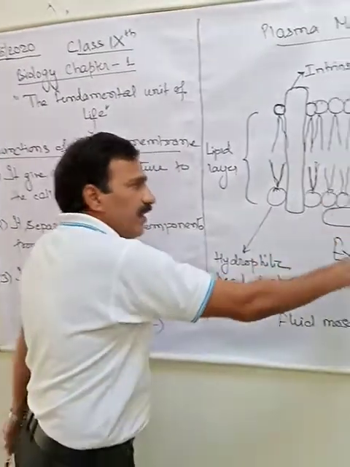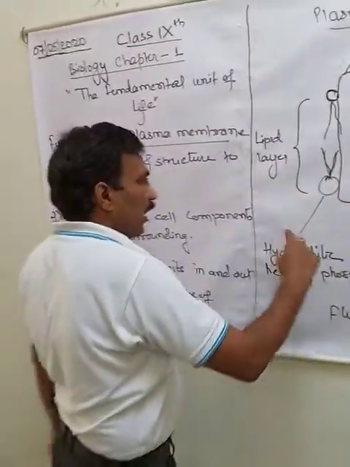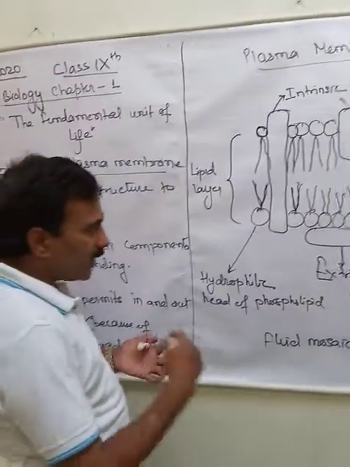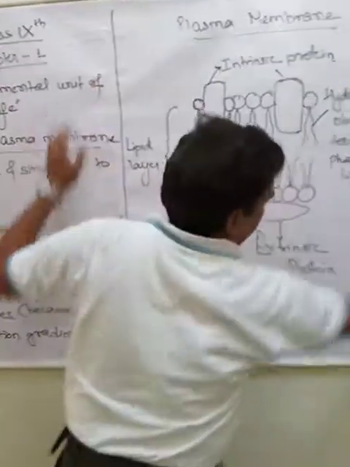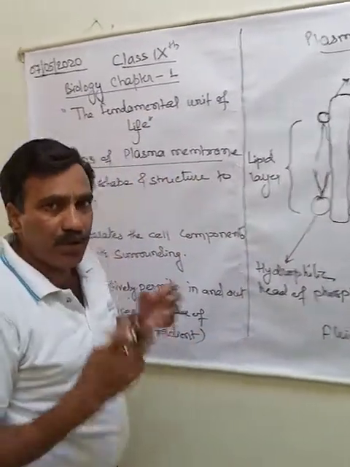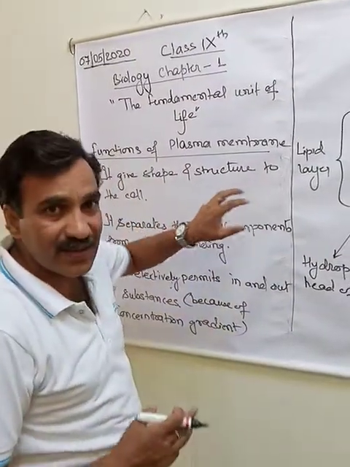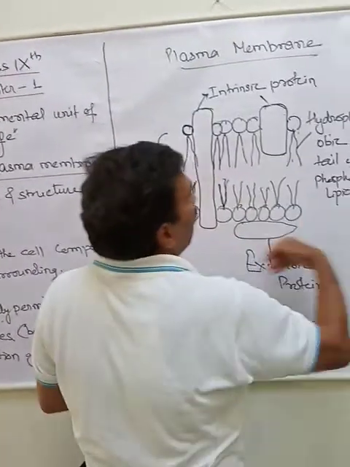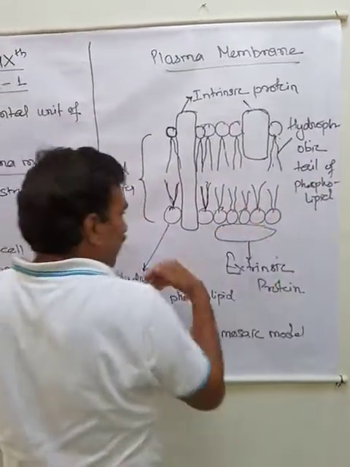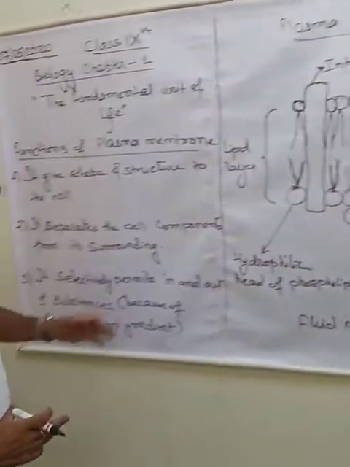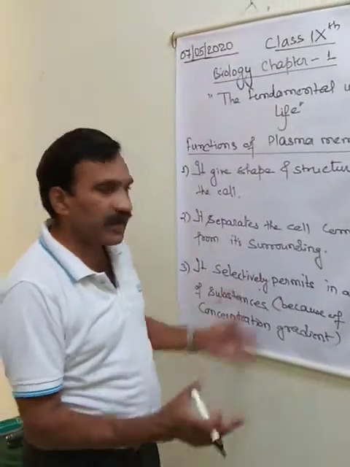So this plasma membrane will allow carbon dioxide to go out of the cell. On the other hand, if the surrounding contains more oxygen or more protein or more nutrients as compared to the cell, then this plasma membrane will allow those substances to come in through it. This is called concentration gradient.